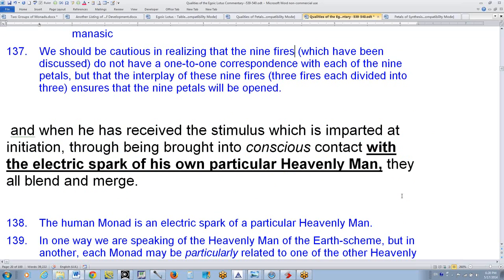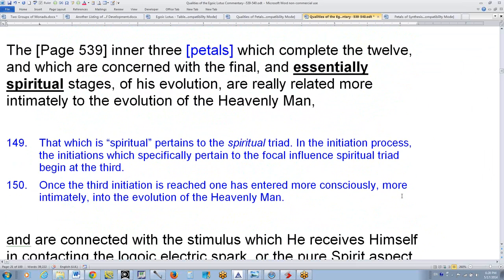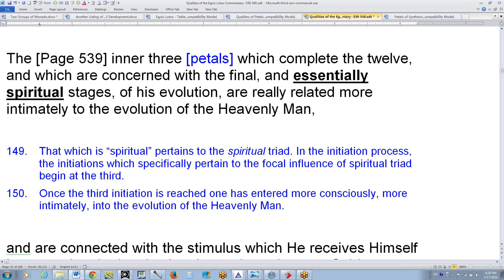So that's at the third degree, and it continues, I suppose, in intensity through the fourth. So that which is spiritual pertains to the spiritual triad, and the initiations which specifically pertain to the focal influence of the spiritual triad begin at the third. So once the third initiation is reached, one has entered more consciously, more intimately into the evolution of the heavenly man.